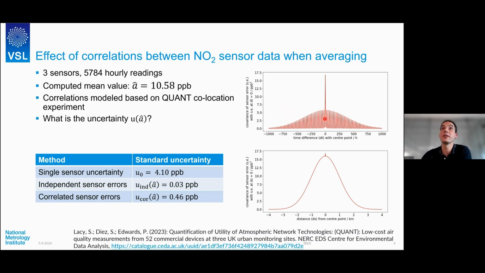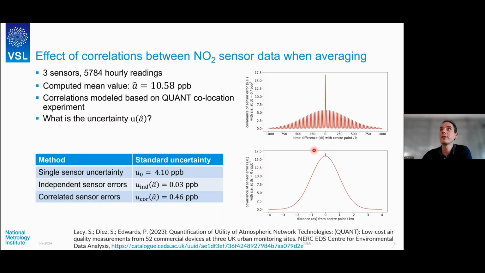Still, we see a very periodic behavior, which is not just linked with the value of the NO2. So also in the errors, there's quite a high temporal correlation. So we split the correlation in a temporal part, which is shown here. And for the spatial part, we didn't really have data.